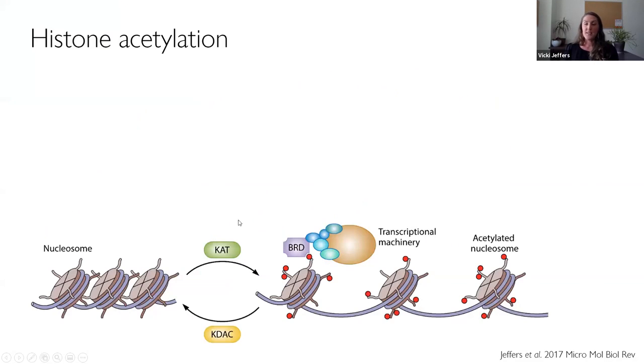One of the processes I've been studying through my postdoc and now in my lab is the process of histone acetylation. This is the process of modification of the histone tails, where the acetyl group is added by acetyltransferases, and that opens up the chromatin, and that's always associated with activation of gene expression.